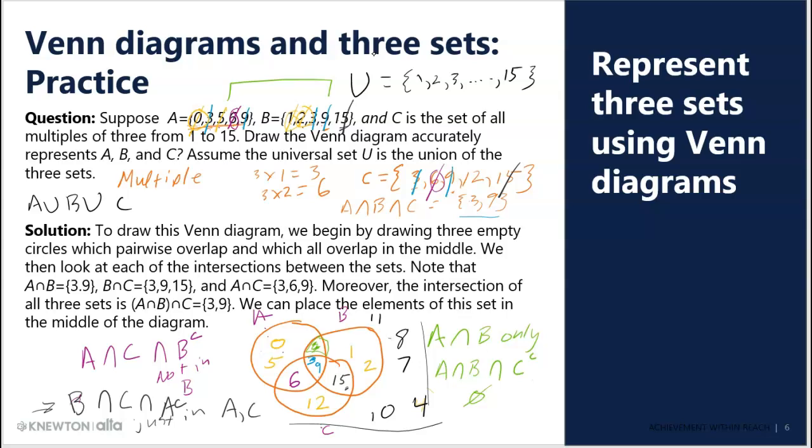But if I had gone 1 through 15, I would have had a bunch of numbers on the outside, 10, 11, 12, and 13 and 14 out here also, because everything in the universal set, if it is defined separately from your 3 sets, has to appear in this rectangle. Our problem just said to use the universal set as the union of the 3 sets, so you won't have anything outside of the circles in that case. That's a helpful hint. All right, let's move on.